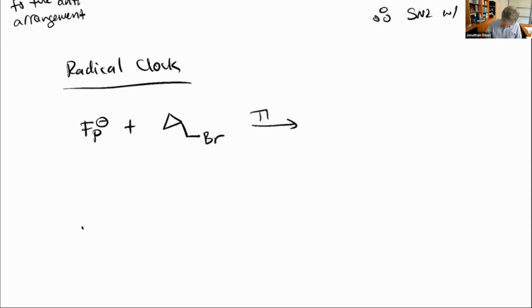And in THF, in the presence of some bromide anion, he gets this product in greater than 97% yield. So why is that interesting?